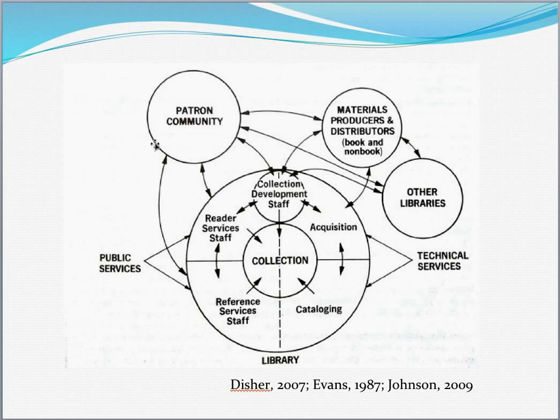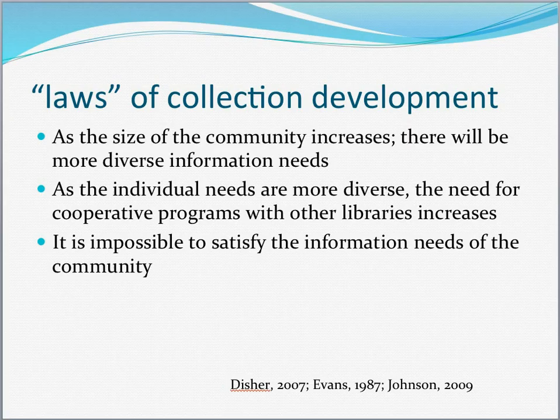So we are there to address their information needs. That's why they are so important. And as we saw in a past lecture, we think differently today than we used to in the past. Today, we are here to serve our community and address the information needs of the community.